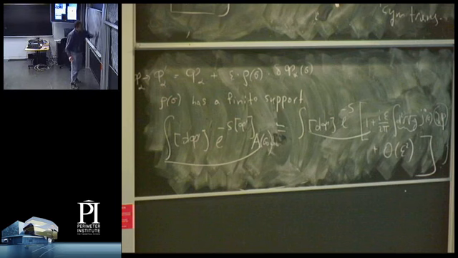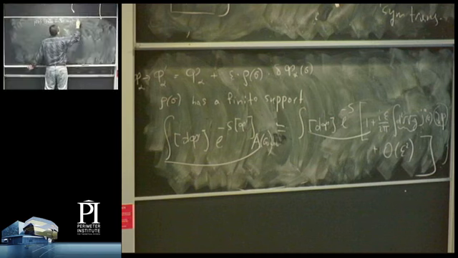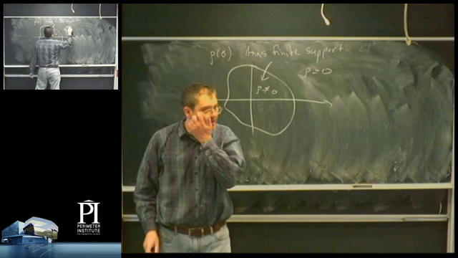So remember that rho of sigma has finite support. So you can think of this as there being some region, and inside this region rho is not equal to 0, and rho equals 0 outside.